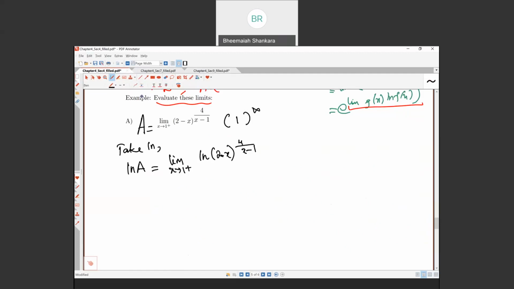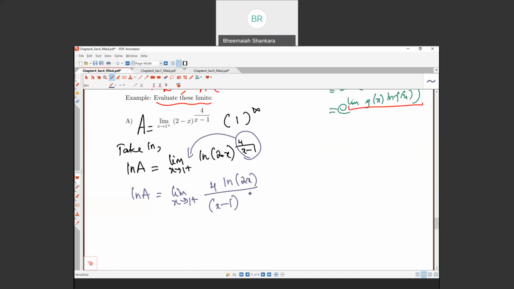Now you want to write this as natural log of a equal to limit of x approaching 1 plus. I want to bring this 4 over x minus 1 to the front, because as a natural log exponent it goes to the front like this, and write the remaining log term, it's log of 2 minus x.